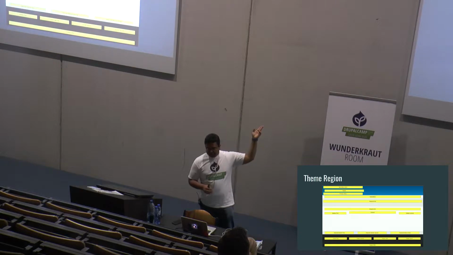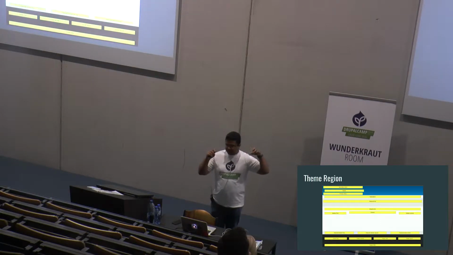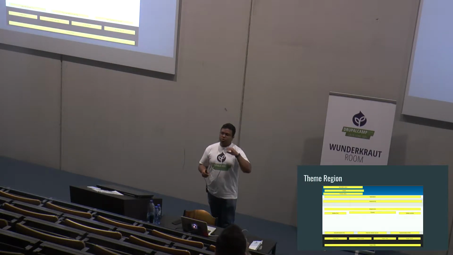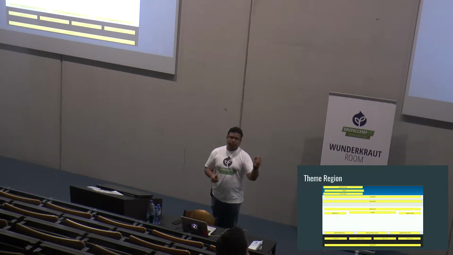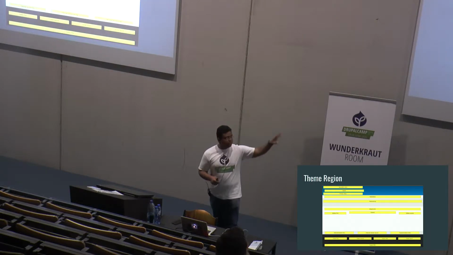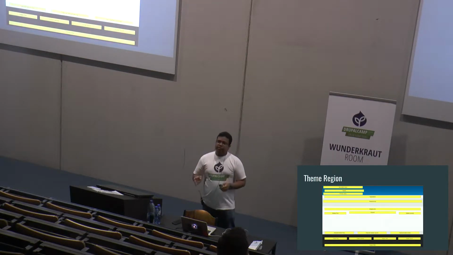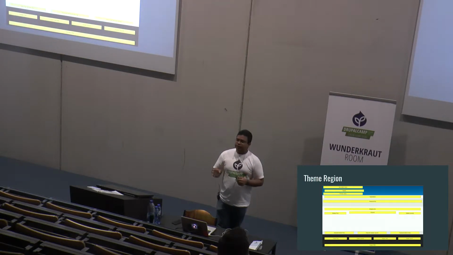In this case, all the yellow rectangles, those are regions. And the way that you find this, because everything is going to be different, when you go to structure, blocks, there is a link in the top left that says demonstrate block regions. And when you do that, you get something like this. And for your theme, you will get something different. And remember that the theme is the one responsible for controlling the appearance and the layout.